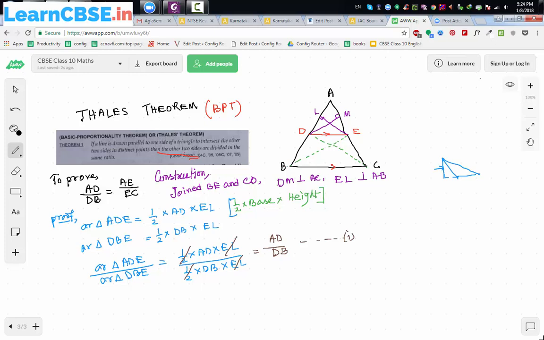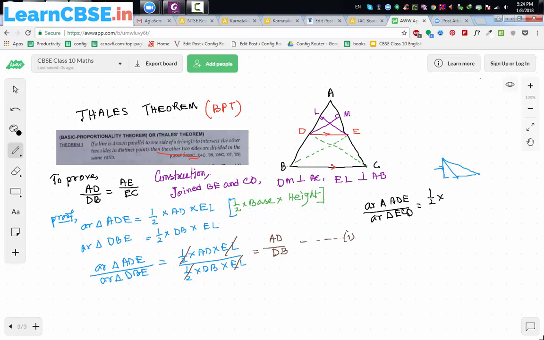Now, we're going to form one more equation. We take the area of the triangle ADE by the area of the triangle ECD. That still gives me half into, for the area of ADE, earlier we took the height as EL, but I can also take the height as DM.